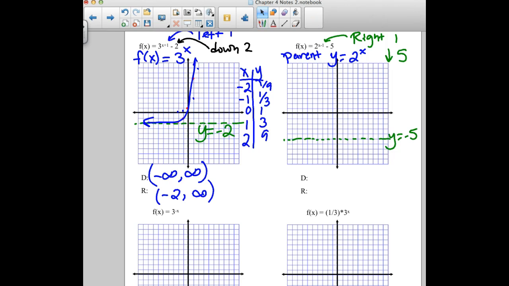We are going to start with our parent function points using 2 to the x. All right, 2 squared is 4, 2 to the first is 2, 2 to the 0 is 1. Flipping them, we get 1/2 and 1/4. So again, we're going to plot those parent function points.